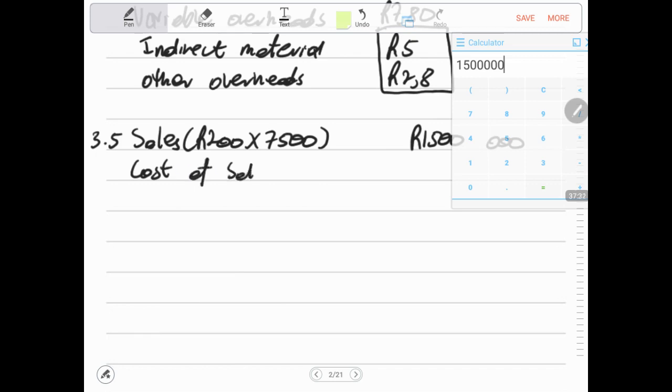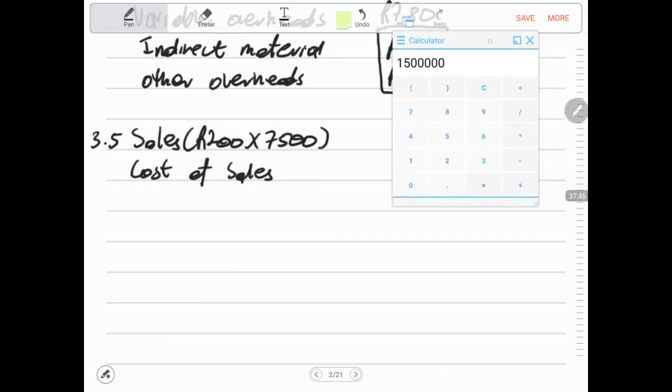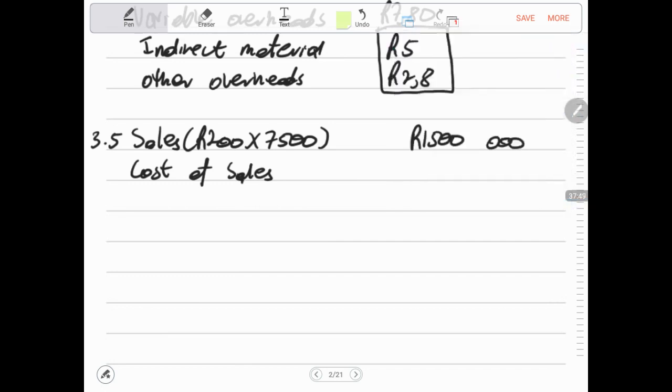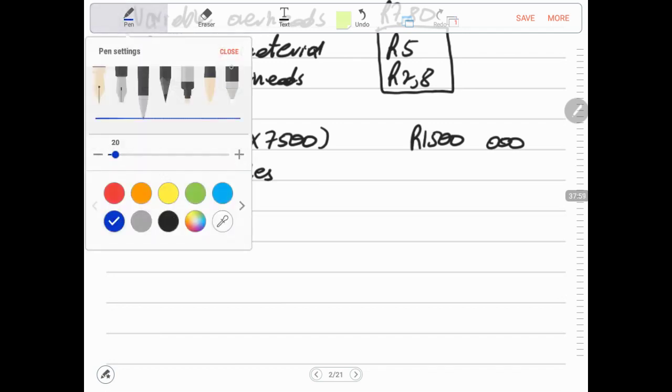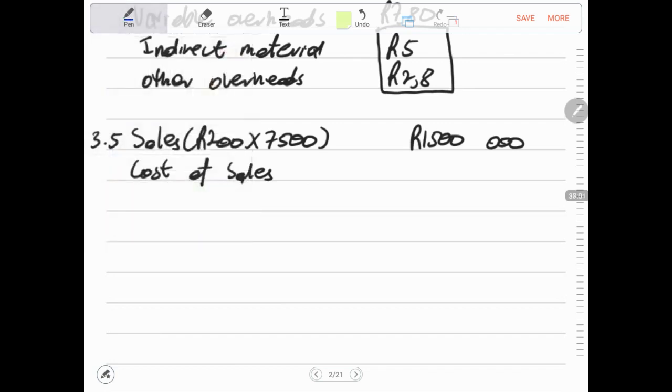Then we need to less our cost of sales. Now, for our cost of sales, we need to say how many units were sold. Now, I don't want to be ignorant of financial accounting and the fact that we can do things in finance as they are done in costing. From a financial accounting point of view, when we calculate cost of sales, please don't use this approach. I'm just explaining how costing and finance are interlinked.